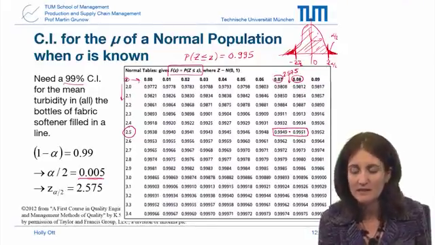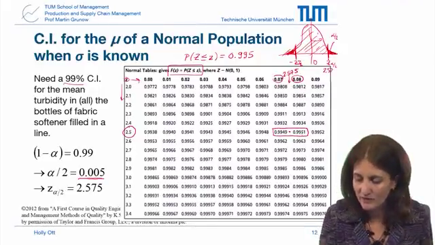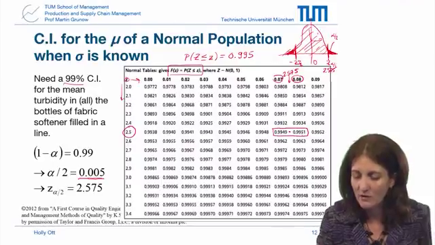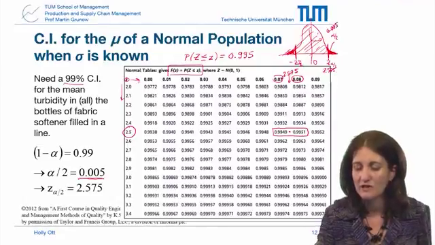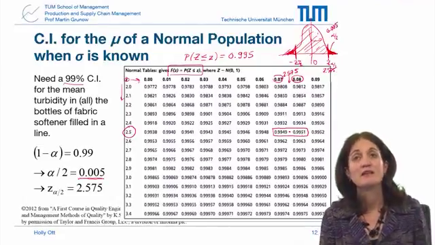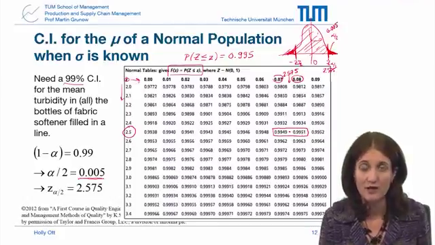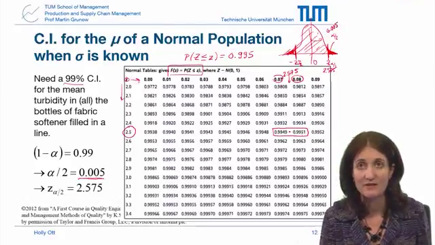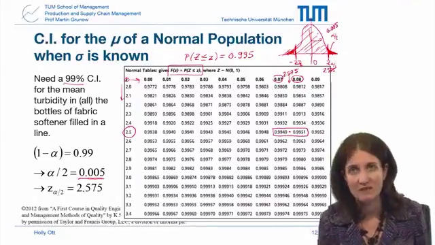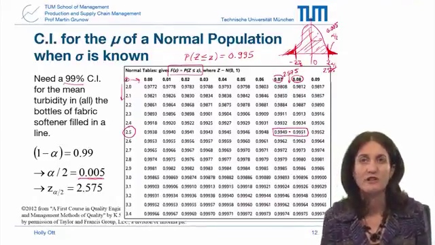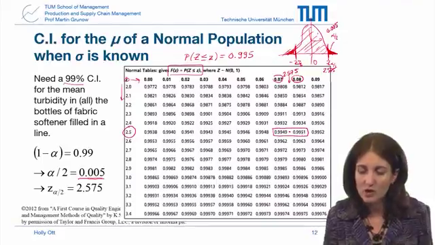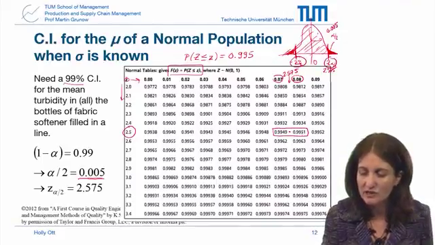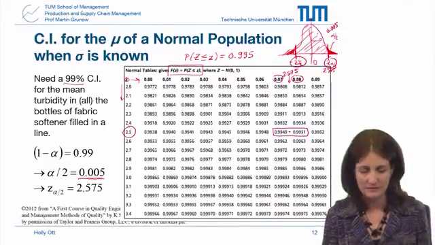What this means is that at 2.575, I will only have 0.005 probability that the random variable will be larger than 2.575. Maybe you can look at that again yourselves, just to remind yourselves how to use that table. But the goal here was to find these two z alpha over 2 values.